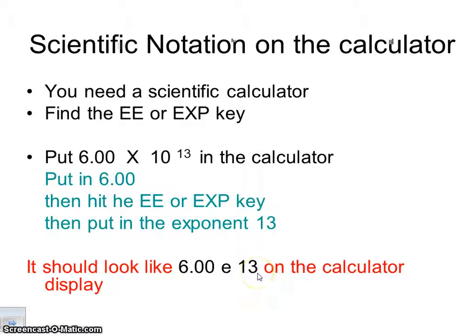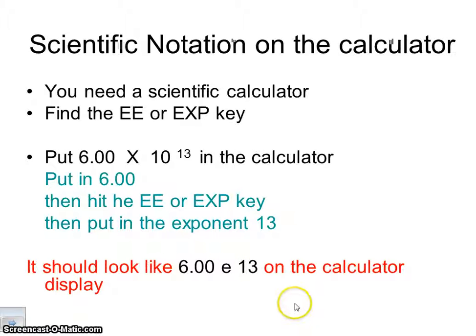Now, if you wanted to make that a negative 13, let's say it was 6.00 times 10 to the negative 13, on most calculators you're going to hit the minus sign. There should be a plus minus button, and it has both plus and minus on it. It's not used for addition, not used for subtraction. You hit that, and it will put a negative right in here for you.